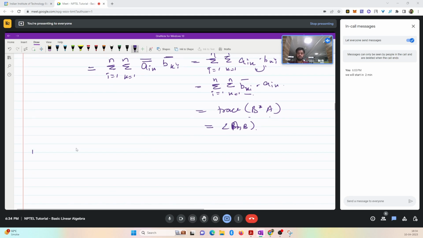Now the only thing left to prove is that <A, A> should be greater than or equal to 0.